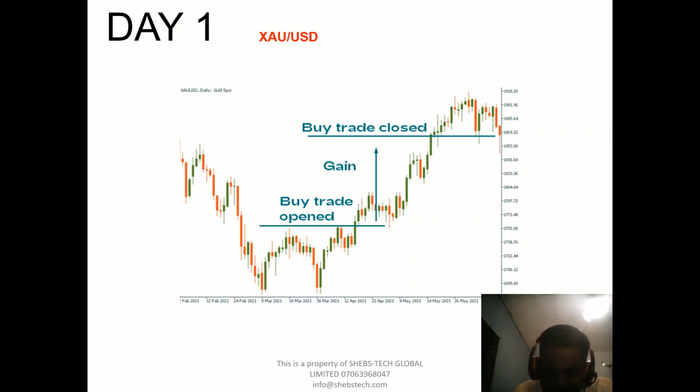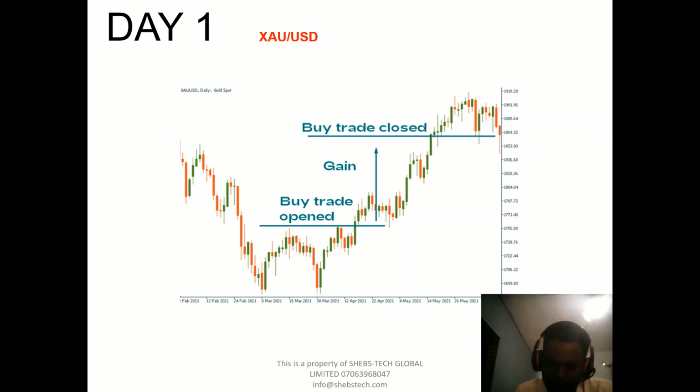Okay, so let's say you want to buy now and you see that there's high inflation. When there's high inflation, you buy gold, it will appreciate.